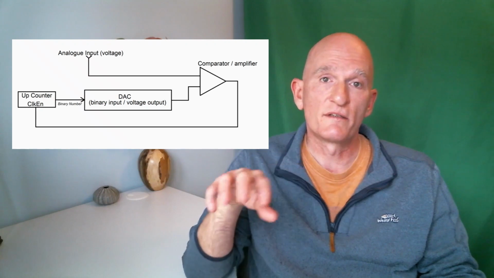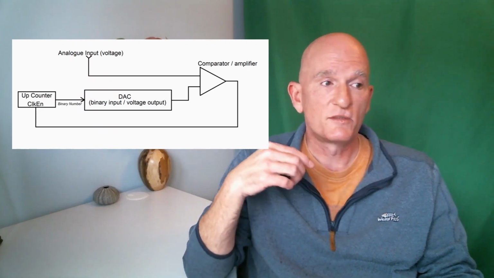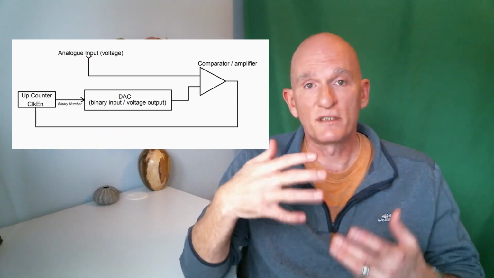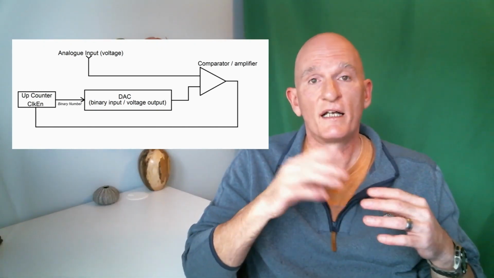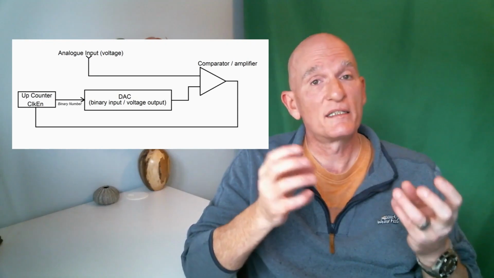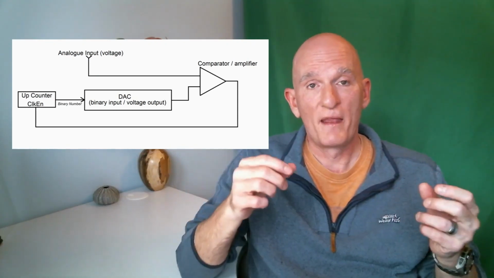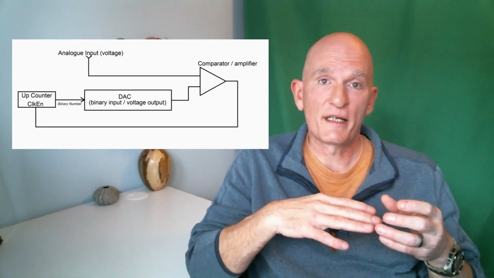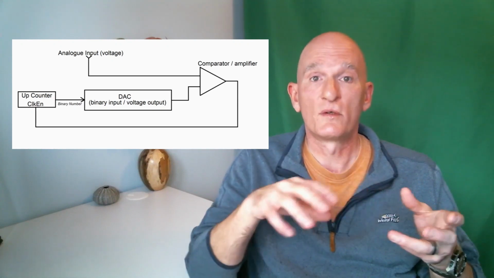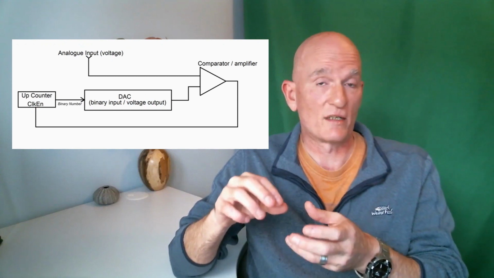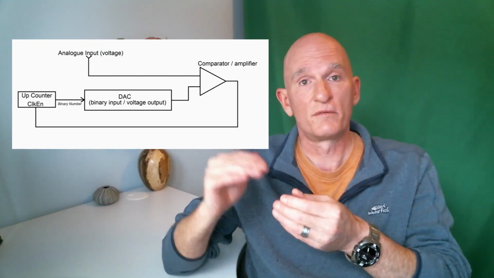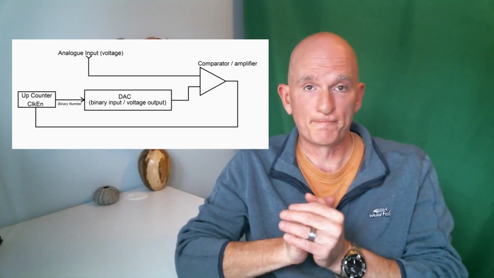What we've also got here at the bottom of the diagram is an up counter, so it's a binary counter that will count from 0 all the way up to FF, and that's connected into a digital to analog converter. So all the time that binary number is counting up as the input to the digital to analog converter, the output of the digital to analog converter will be climbing from 0 to V, the supply voltage.